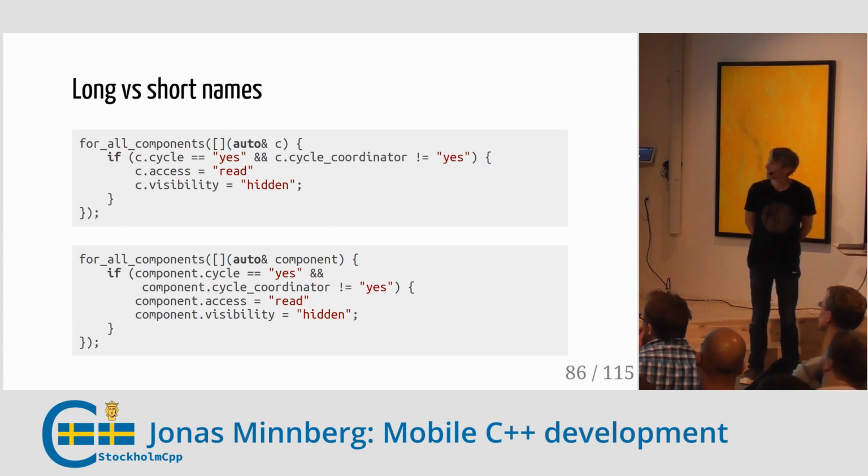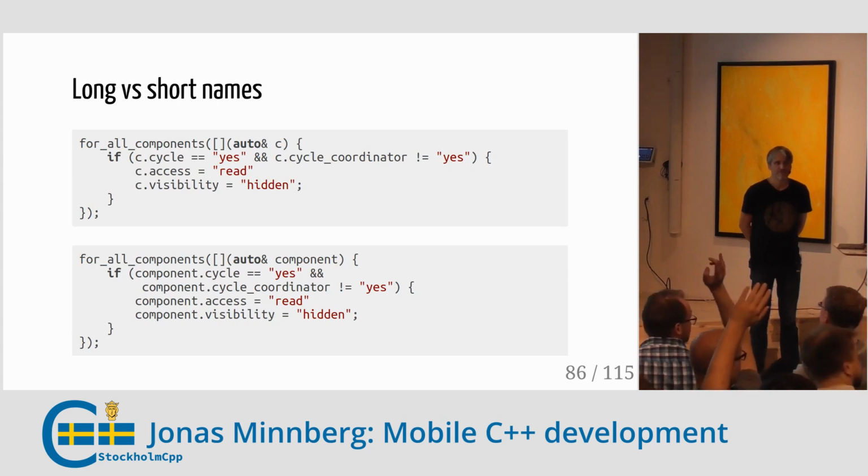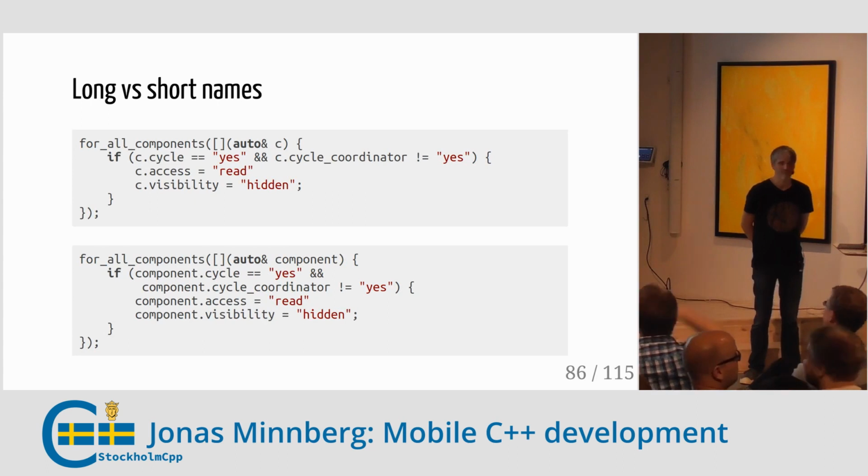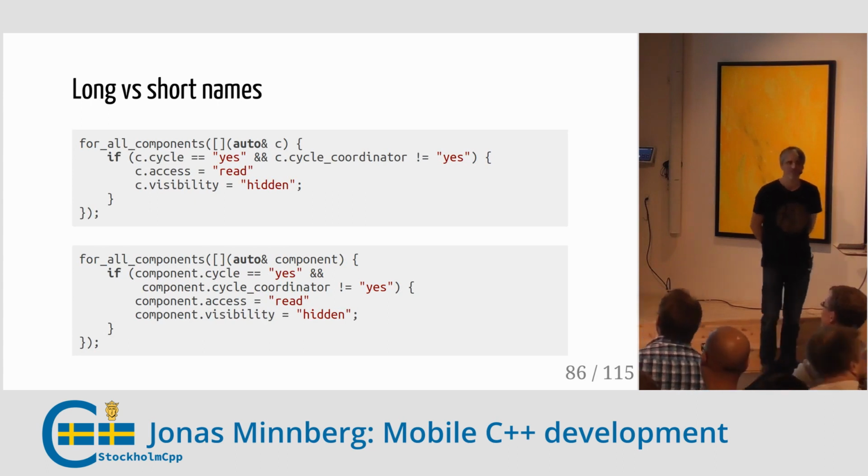You get a little bit of time to read it. It's basically the same code, just the name is changed. So, show of hands, who prefers the first version and the second version? Okay, it looks like a C++ audience.